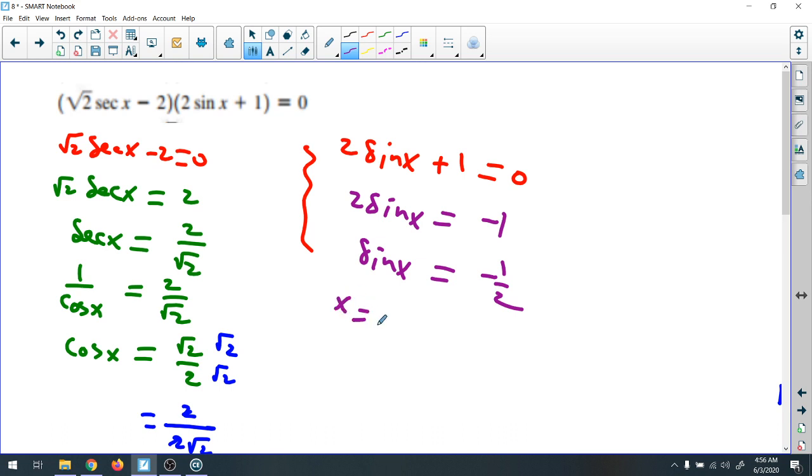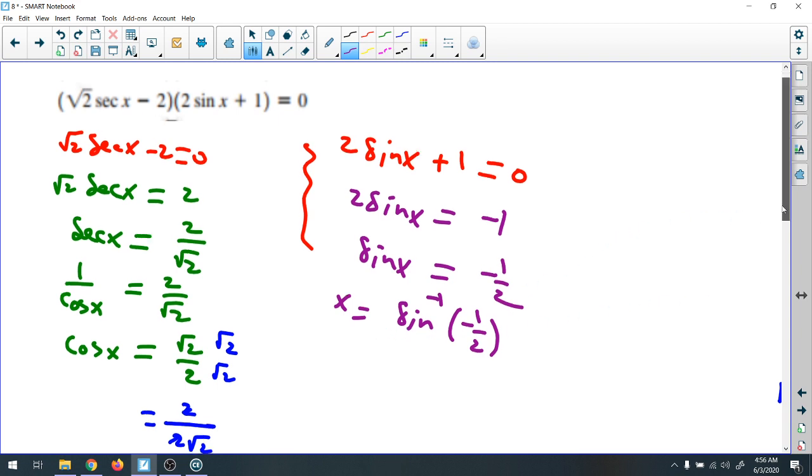So as we learned before, x equals arc sine or inverse sine of negative a half. Okay. And sine of 30 degrees is a half. So we need to know where exactly our 30 is.